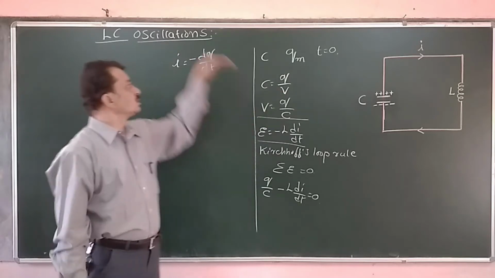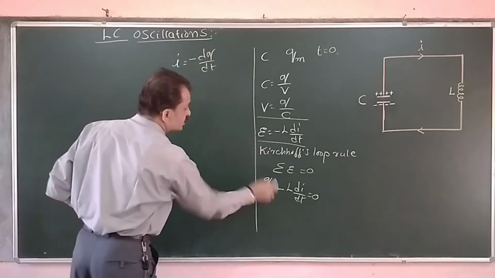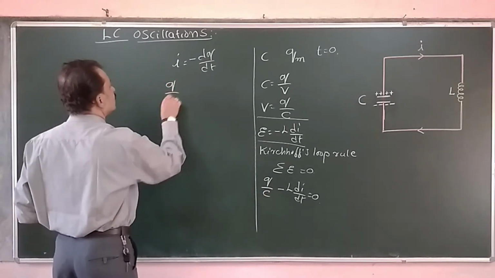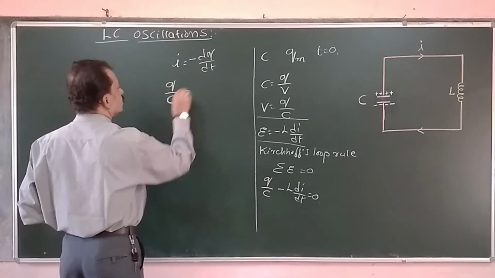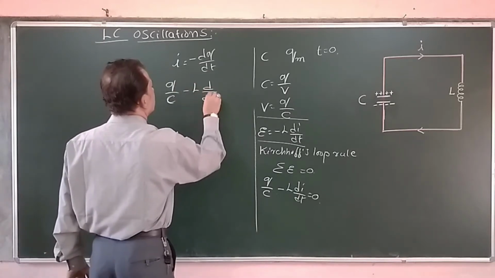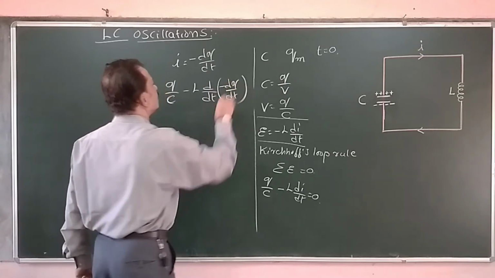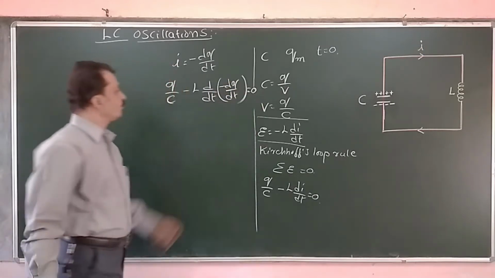As the charges start to flow, the number of charges goes on decreasing. Now, if I substitute this in the equation, I will get q by c minus L into d by dt of minus dq by dt, equal to 0.